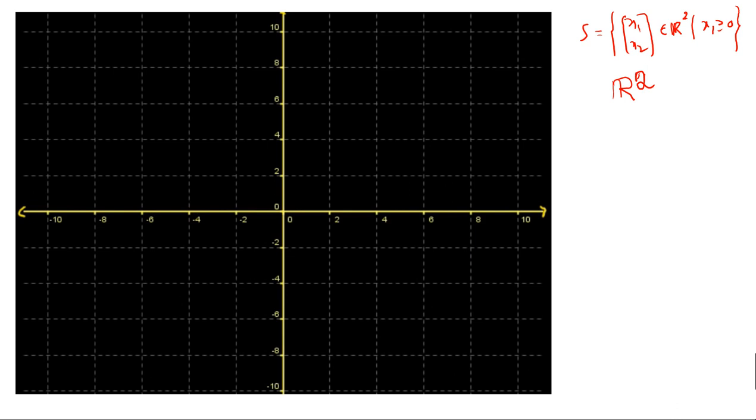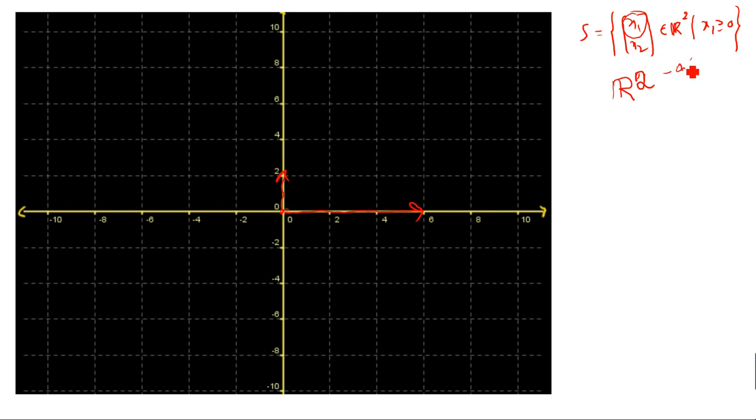The meaning of it is, here only a condition for x1 is defined. It should be greater than or equal to 0, so from 0 to plus infinity. And for x2 they have not given any condition.